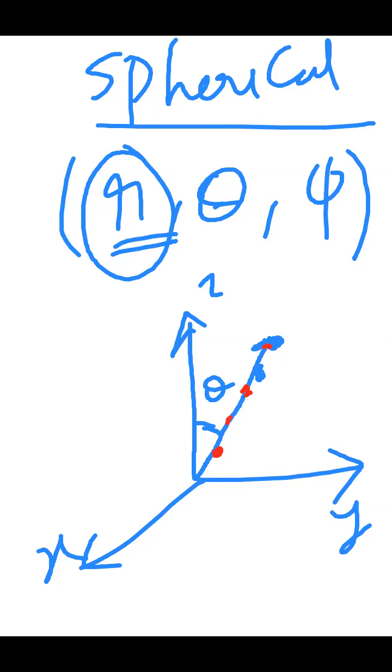Theta will not change, because by definition theta is the angle from the z-axis. Even if you choose any point on this other line, your theta will not change, because theta means angle measurement from the z-axis.